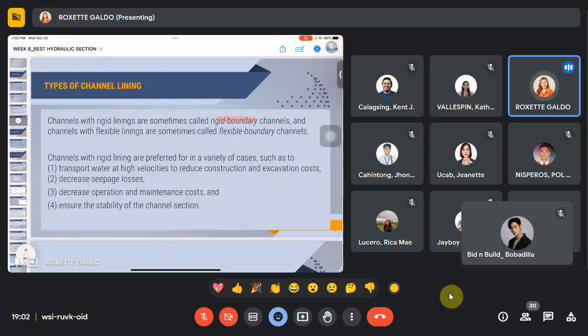Okay? The boundary is rigid. It will not enlarge. On the other hand, if your lining is flexible, such as stones or plants, the boundary is flexible. Meaning to say, there is a tendency for the section of your channel to enlarge.